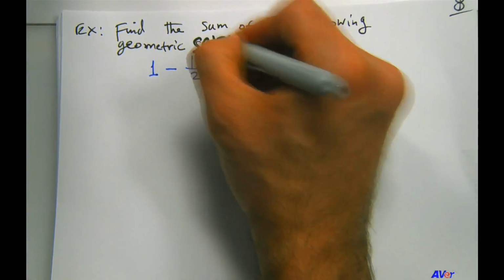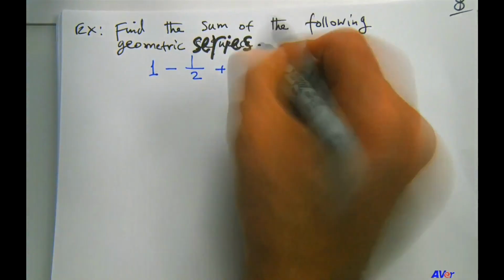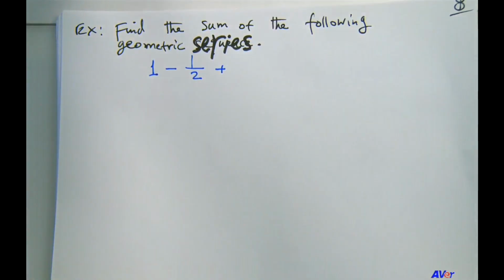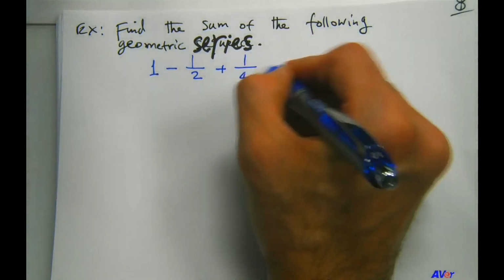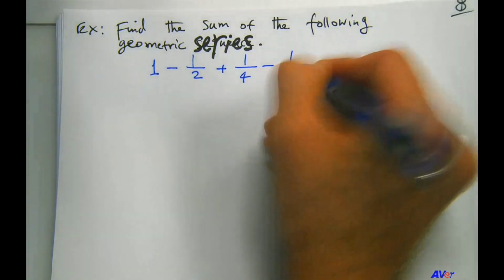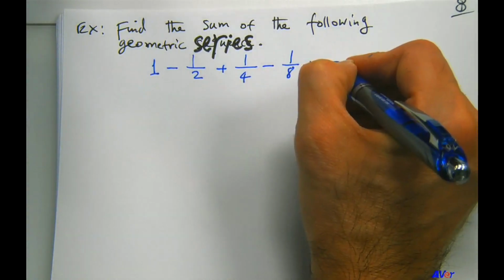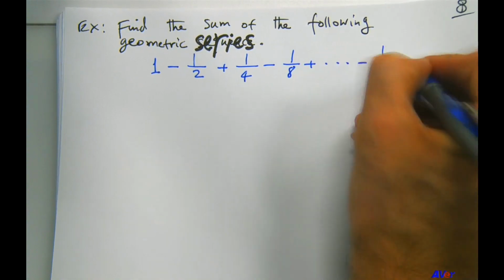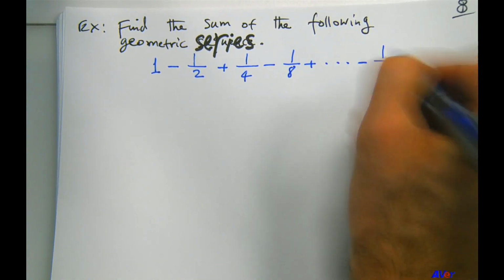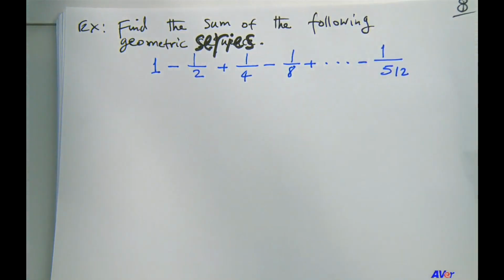So that way I fixed that. This is an interesting example, so I picked it for that reason. And plus 1 over 4 minus 1 over 8. And then we have a gap here. And then we have minus 1 over 512. Okay. Find the sum of the following geometric series.